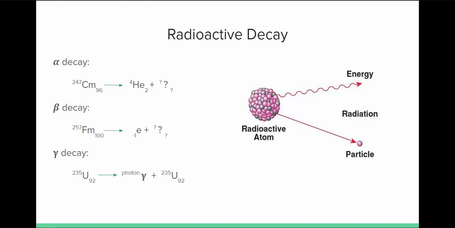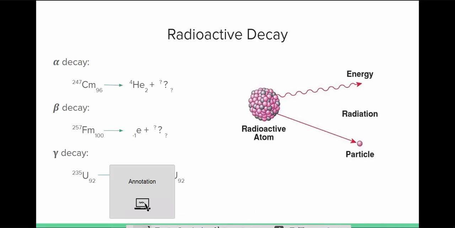Well, this is pretty easy. We just did one like this. So Cm has 247 things in the nucleus and 96 protons. When we're looking at this helium nucleus here, it's 247 minus 4.